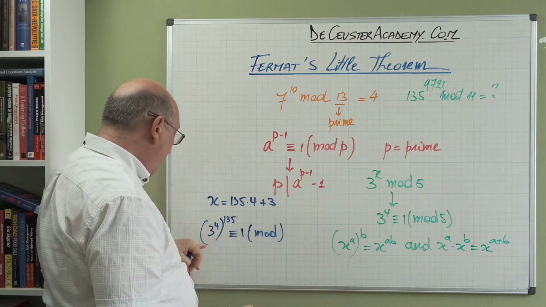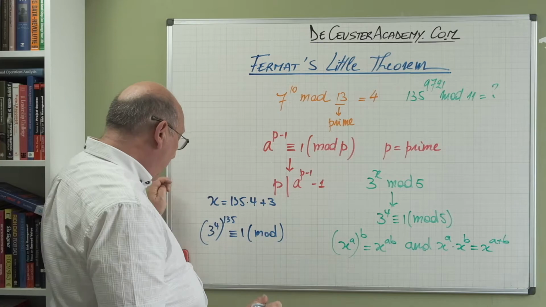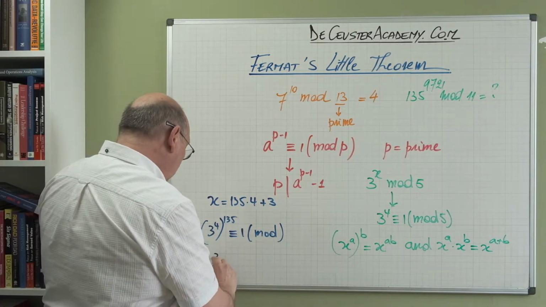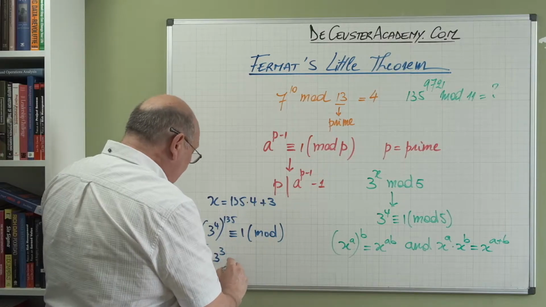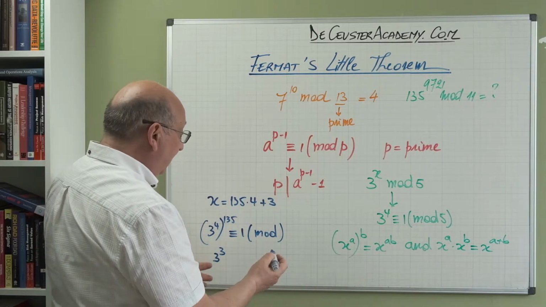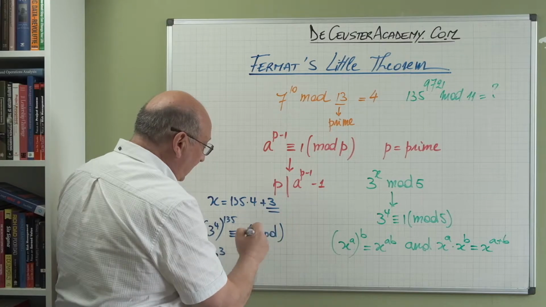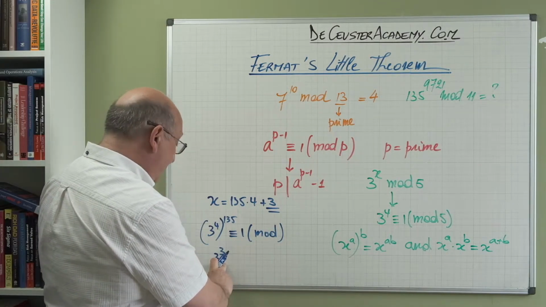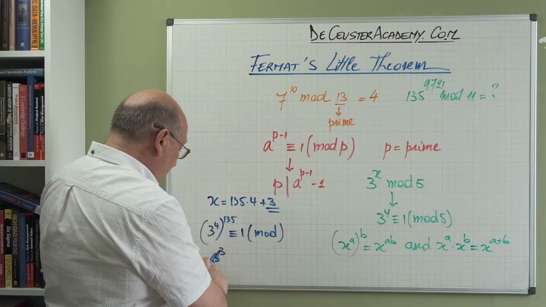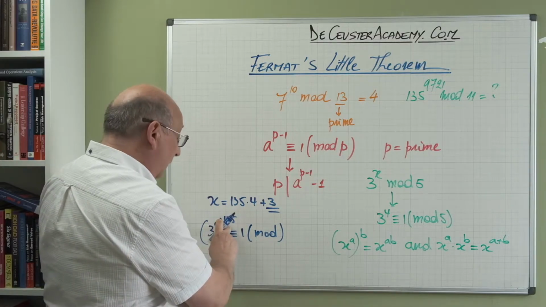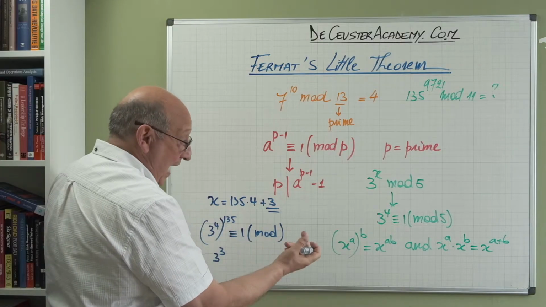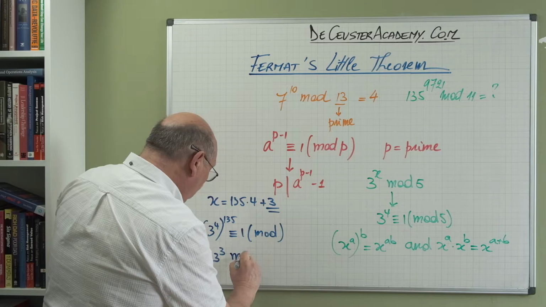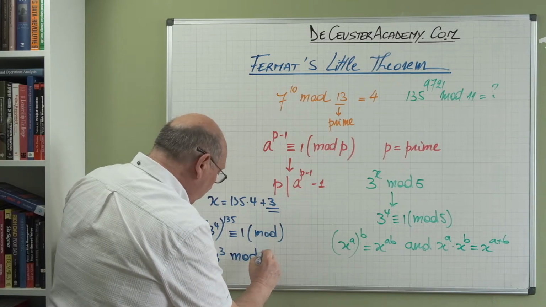Also, because we have the power 135, we still have here that 3 to the power 3 is in fact the last part that we have. So we can calculate the modulus here. So we keep the remaining: 3 to the power 4 times 135 has modulus 5 equal to 1, and we only have to look at this modulus 5.